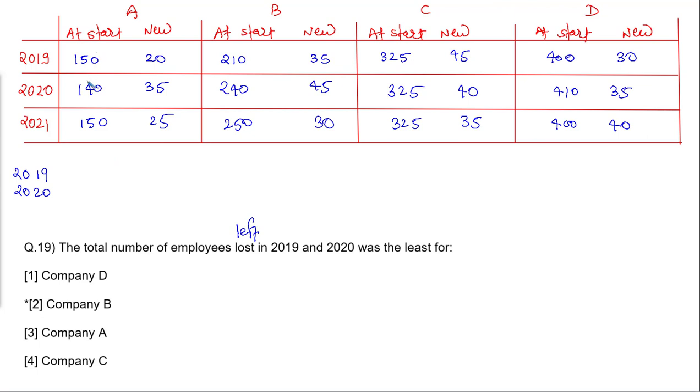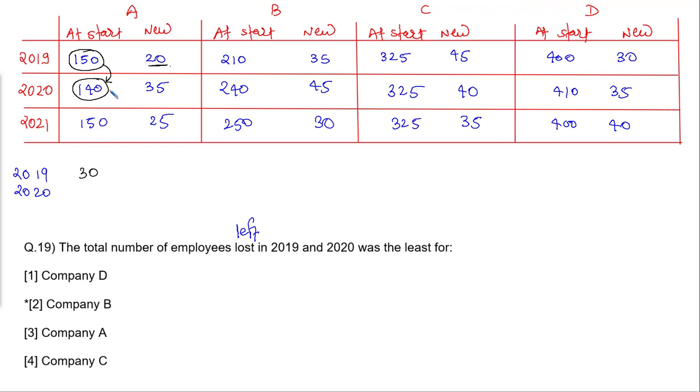For company A, the total number of employees lost. So at the start of 2019, 150 employees are there. So over here 140 employees are left. It means 10, these 10 employees left along with these 20. So 10 plus 20, 30 employees left in the year 2019.